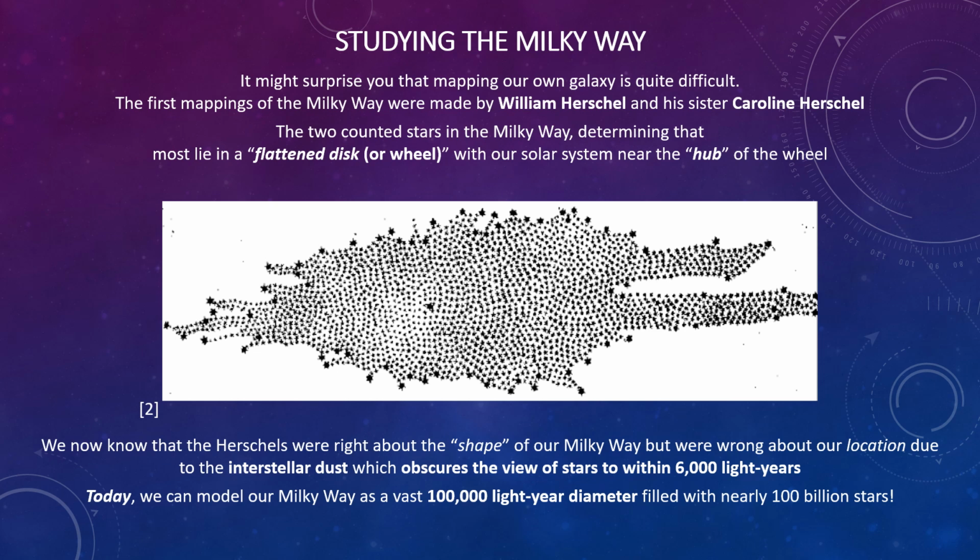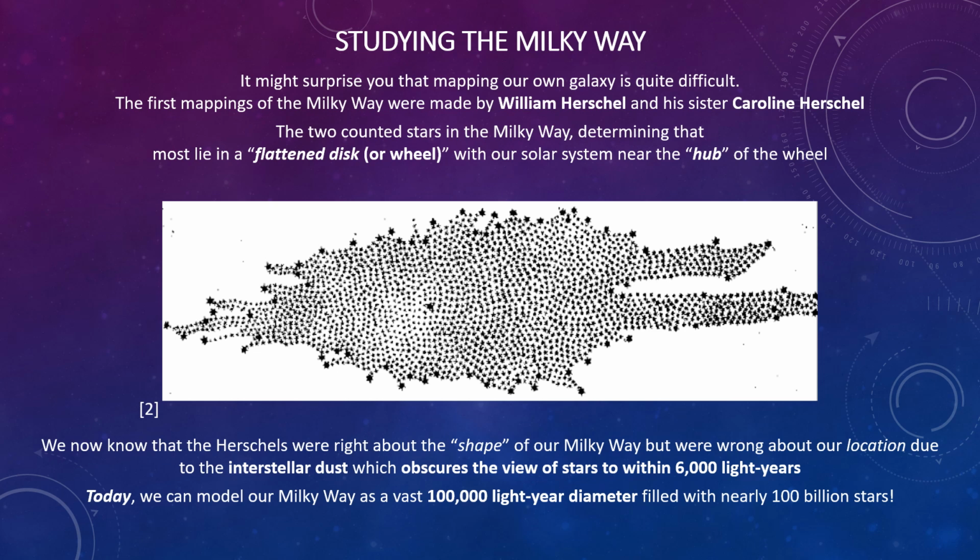We now know today that the Herschels were right about the shape of our galaxy being a flattened disk, but they were wrong about the location of our sun and solar system due to all of the interstellar dust, which obscures the views of stars that are beyond 6,000 light years.